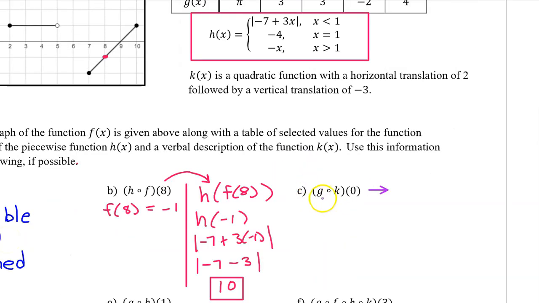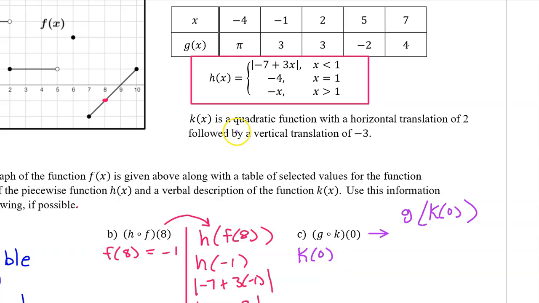Part C, this notation g of k of 0 is the same thing as g of k of 0 like this. I feel like this notation makes it a little bit more clear that first we need to find k at 0. k is given to us as this description. k of x is a quadratic function with a horizontal translation of 2 followed by a vertical translation of -3.